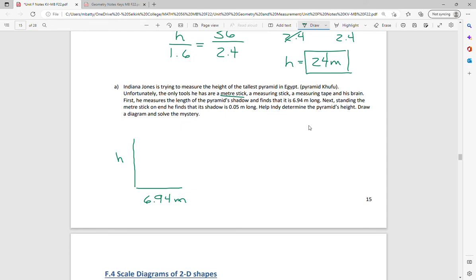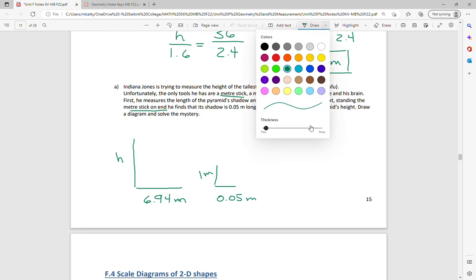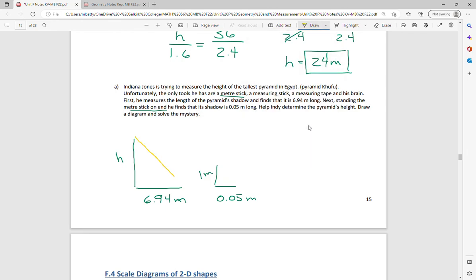Next, standing the meter stick on its end, so we'd have a 1 meter tall meter stick, he'd find that the shadow is 0.05 meters long, drawn way out of scale. I don't even have to draw the third side of this triangle. The key thing here is that the angles are all going to be the same, right? Because of the angle of the sun.